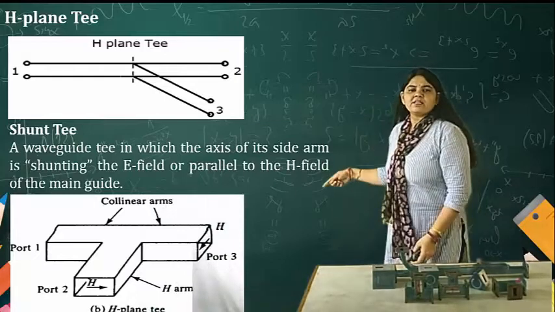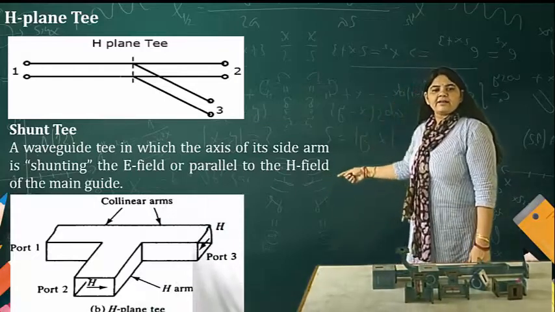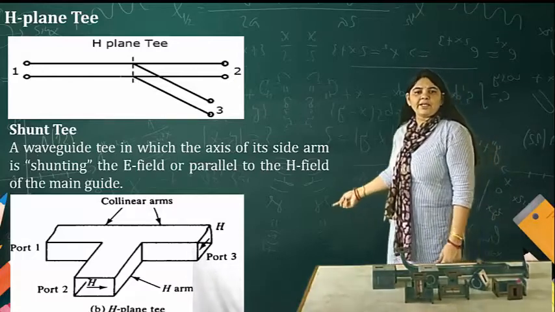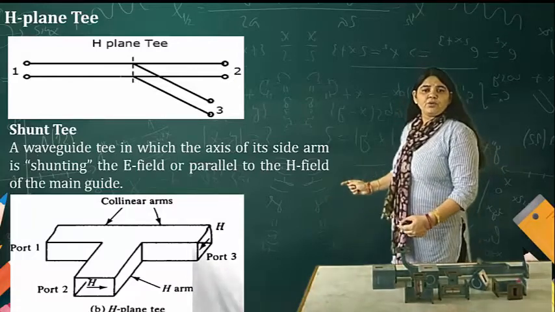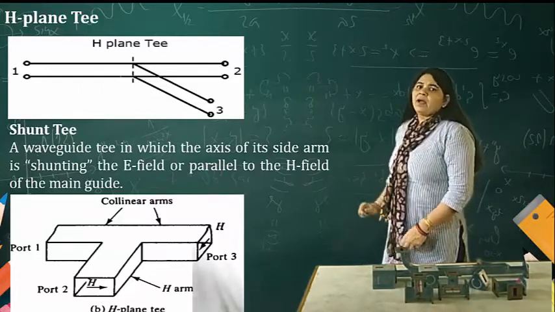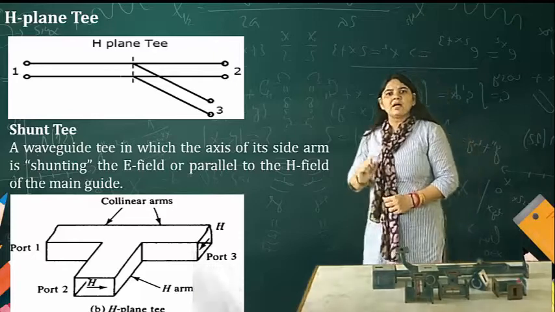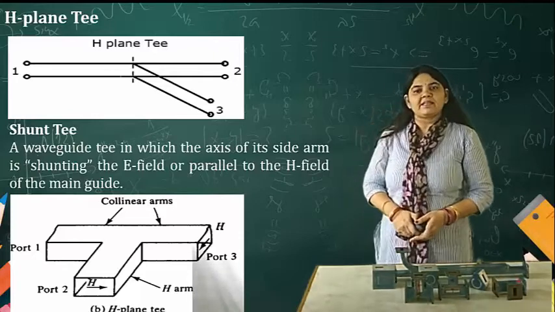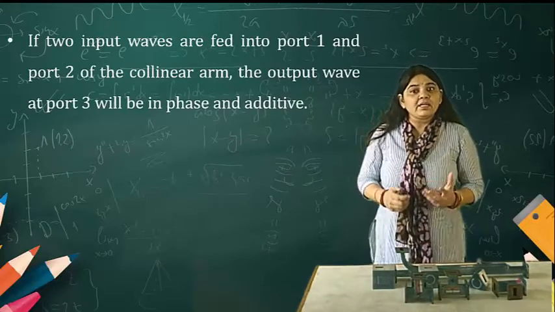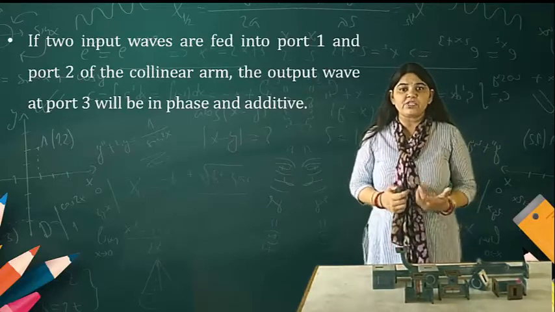Now in this diagram, port 1 and port 3 are known as the collinear arms, and port 2, as I have named it, is the side arm, in parallel with the collinear arm, which is why it is known as the H plane T. What is the rule for how it works?